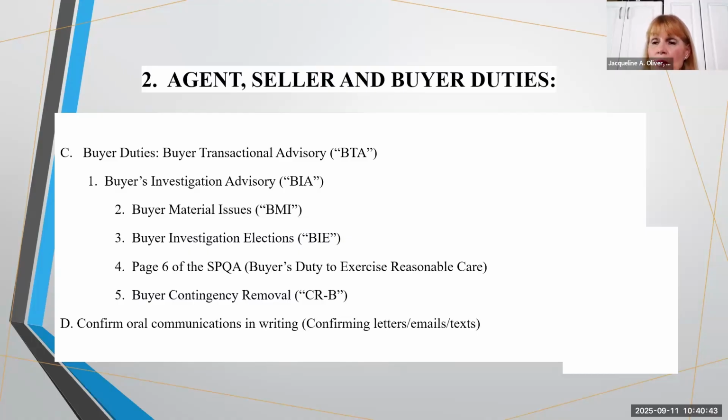Now, if it's a misrepresentation on a required document such as the TDS by statute, SBQ by the contract, and it appears that there may be intentional misrepresentation, that type of misrepresentation can result in rescission.